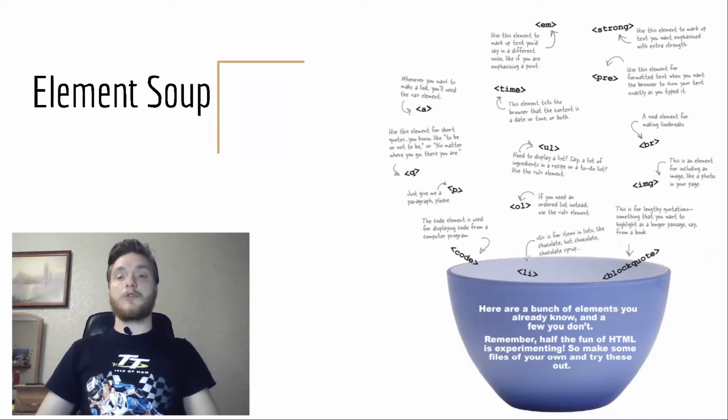Avoid the br element for making line breaks. This is img, an element for including an image like a photo in your page. The blockquote element is for lengthy quotations, something that you want to highlight as a longer passage, say from a book.